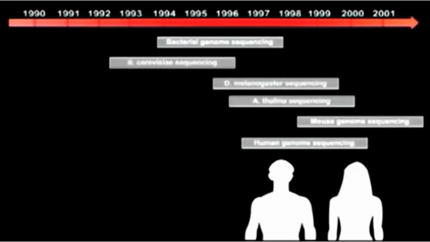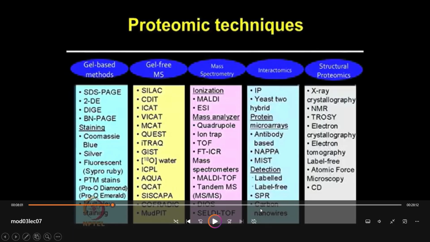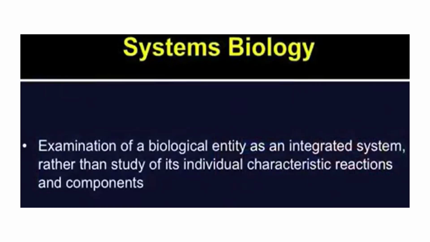If there are any modifications, how does it become functional in nature? All those we couldn't understand just by doing genomics, but after that, people tried to understand transcriptomics as well as dealt with proteins to understand in a whole way. That's proteomics.